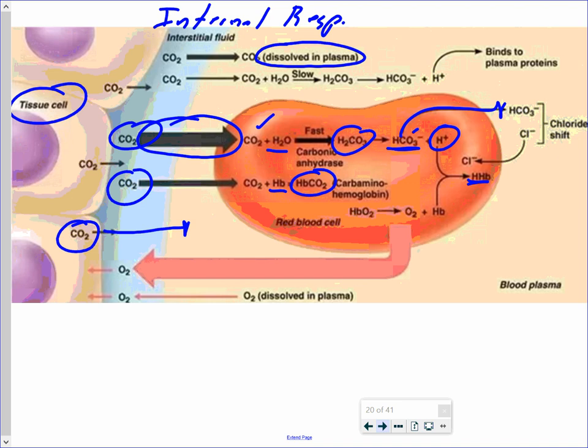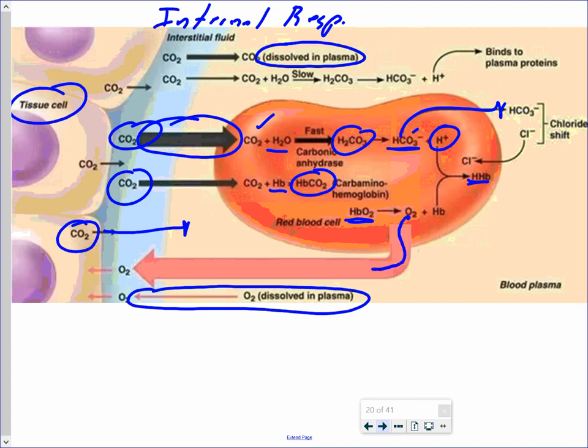What about the oxygen? Again, taking a look at the arrow here, a little bit does dissolve in the plasma, but the vast majority of the oxygen is transported in the blood, combining with hemoglobin in the form of oxyhemoglobin. When it gets to your cells that need the oxygen, again, there is a much higher concentration in the blood than in the cells that are using the oxygen.